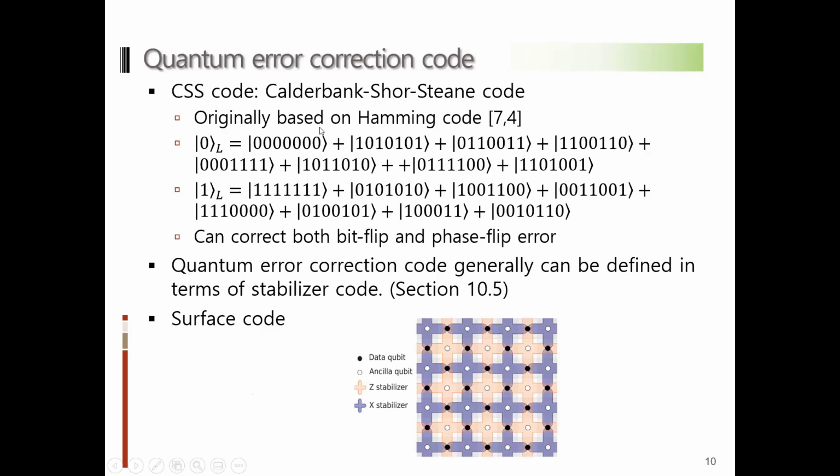Here I said that it is based on the Hamming code. If I just give you this logical qubit 0 and logical qubit 1, you will be confused about where these results come from. But once you see the discussion of the Hamming code, it will become more obvious.